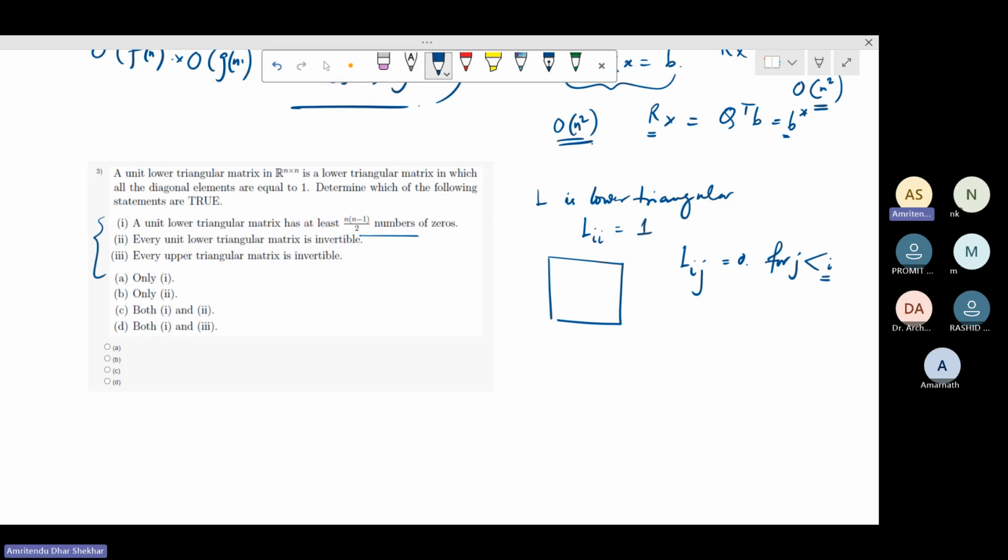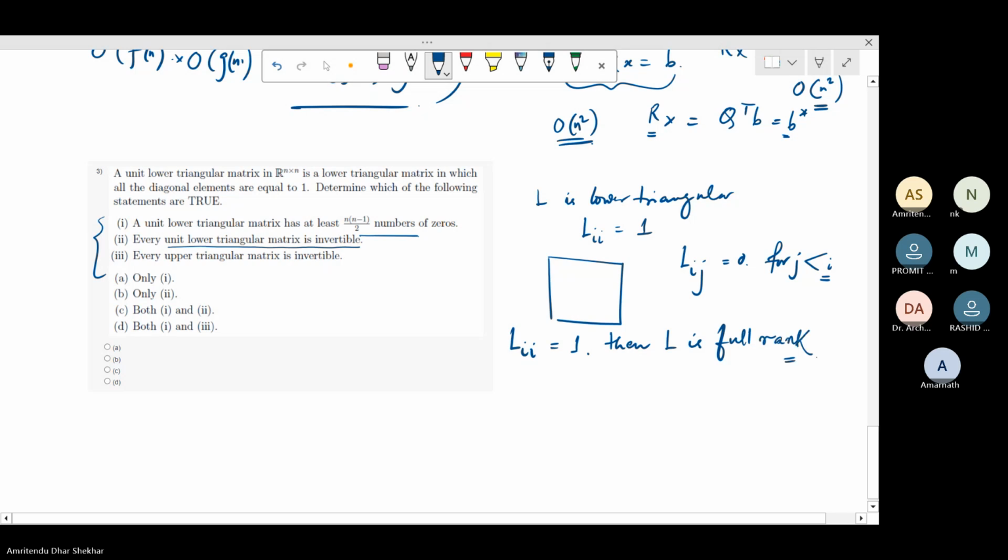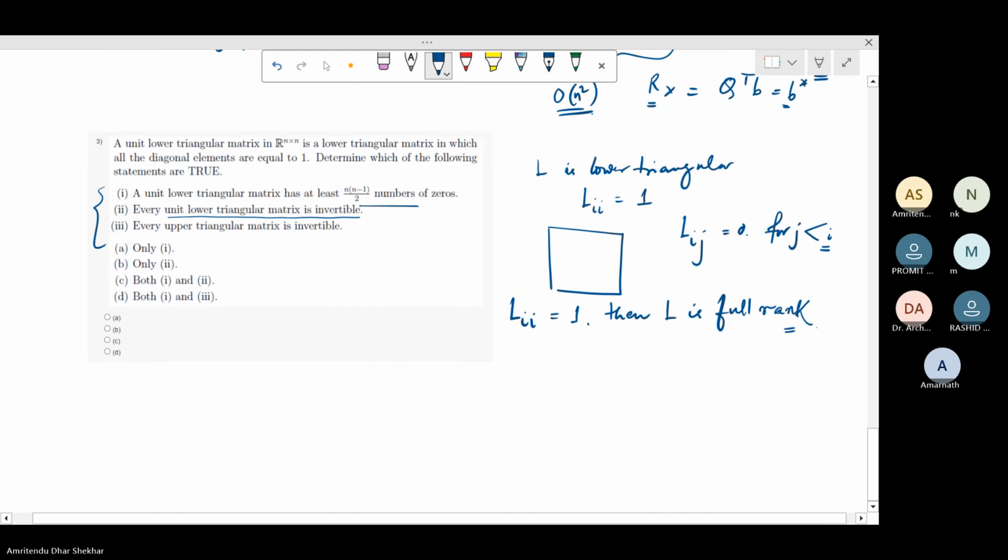Every unit lower triangular matrix is invertible. Well, what can we say? If the L_ii are equal to 1, then L is full rank, because you have ones in the diagonals.